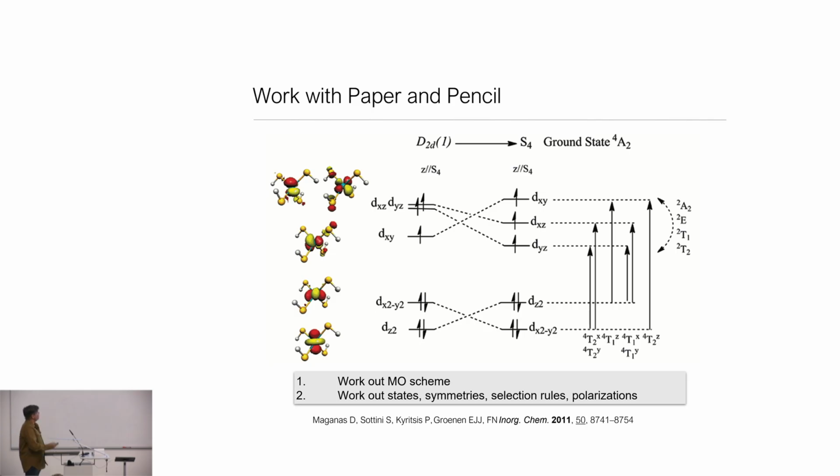Because that is really what you should have done, and as I have explained a couple of times now: figure out what the molecular orbital scheme is, put in your electrons, excite your electrons, and from there work out what the electronic states are that arise, what their multiplicities and symmetries are, what the allowed transitions are, and try to get your hands on as many different spectroscopic techniques as you can.